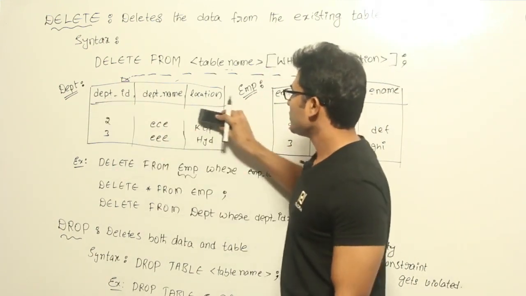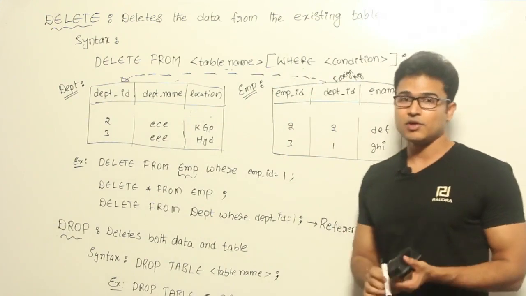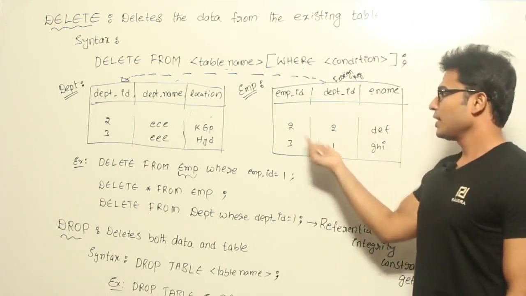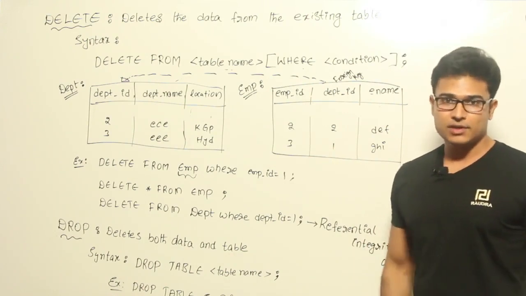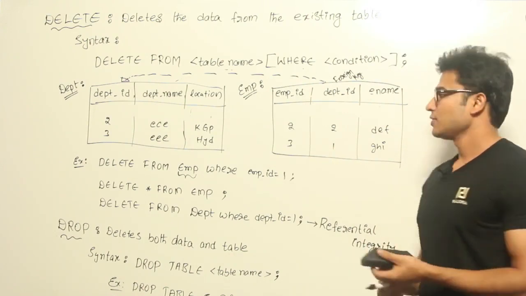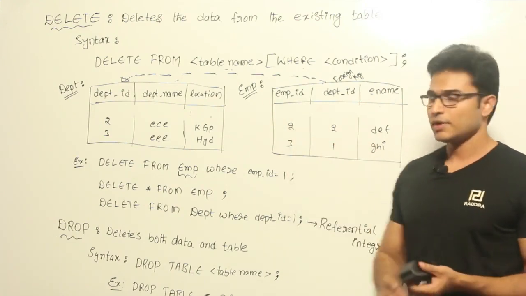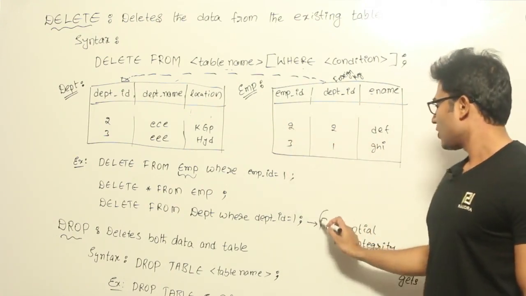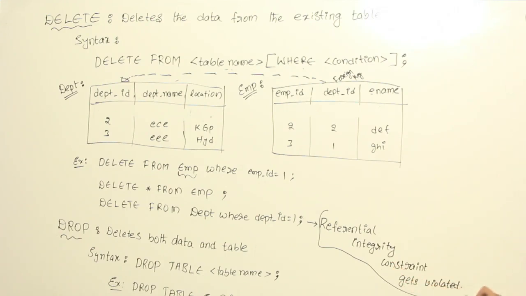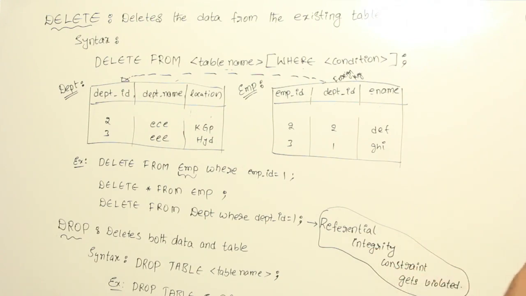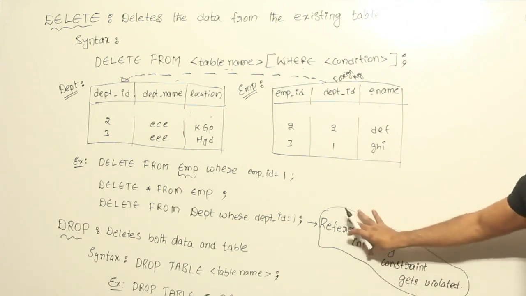It is going to make the database inconsistent, because you are talking about an employee who is working for department number 1 when department number 1 is not at all in the database. So this has to be handled in a different manner. For that we are going to see something called referential integrity constraint. Referential integrity constraints get violated, and how to handle it, we shall see.